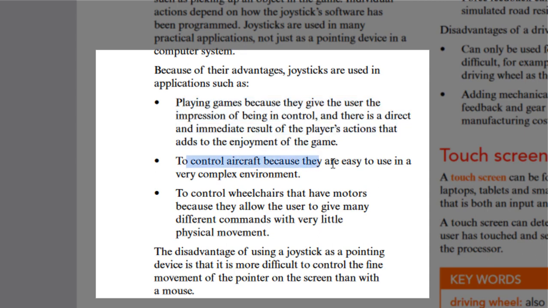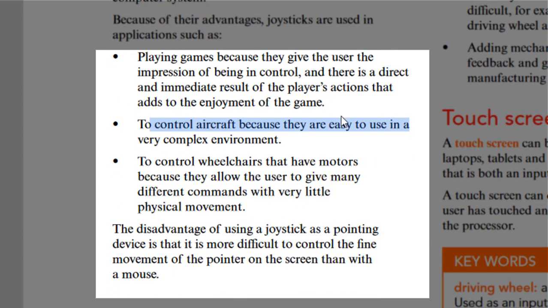To control aircraft because they are easy to use in a very complex environment. To control wheelchairs that have motors because they allow the user to give many different commands with very little physical movement. Commands like move up, move forward, left, right, back, and so on. Those are the applications and the advantages.